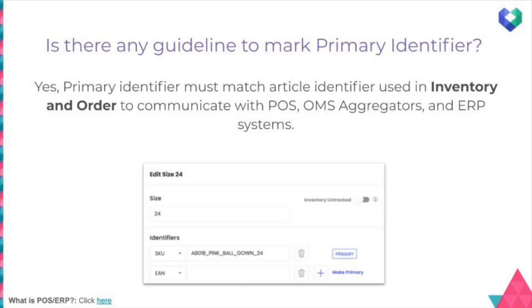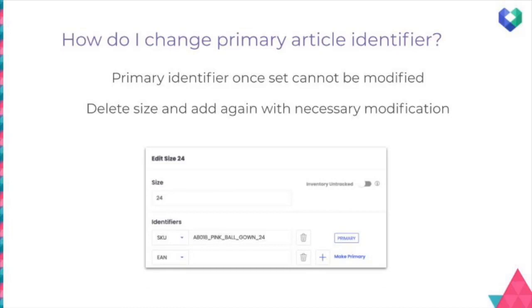Also, you might wonder how you can change your primary article identifier. There is no way that you can change your primary article identifier. What you can do is delete the size and upload it again after modifying it, but you cannot change an existing primary article identifier. Now, moving on.